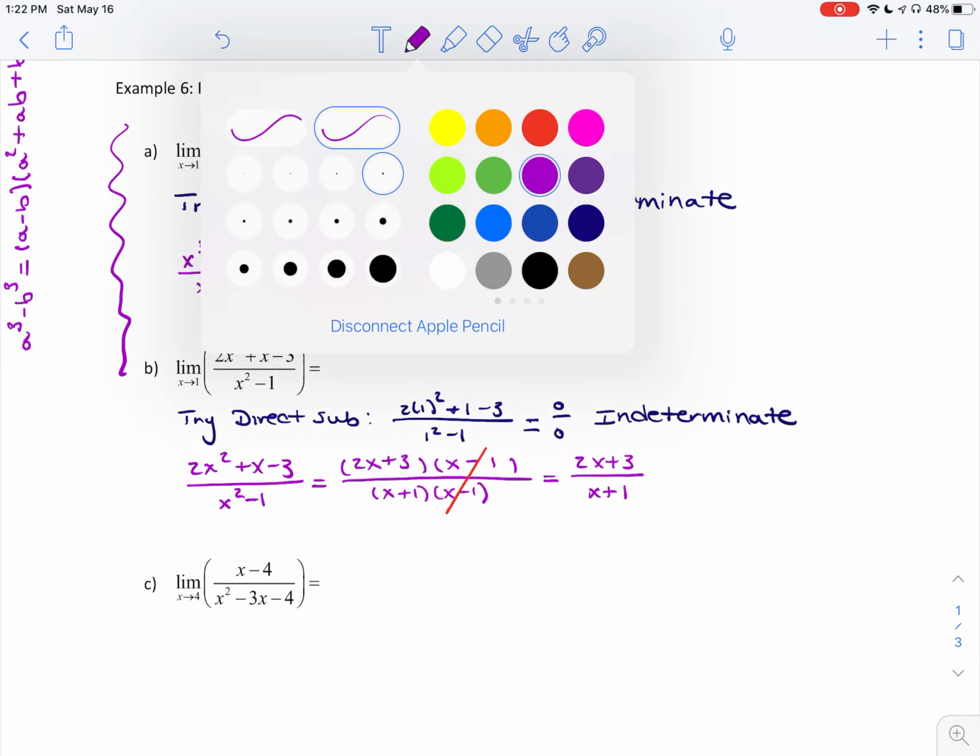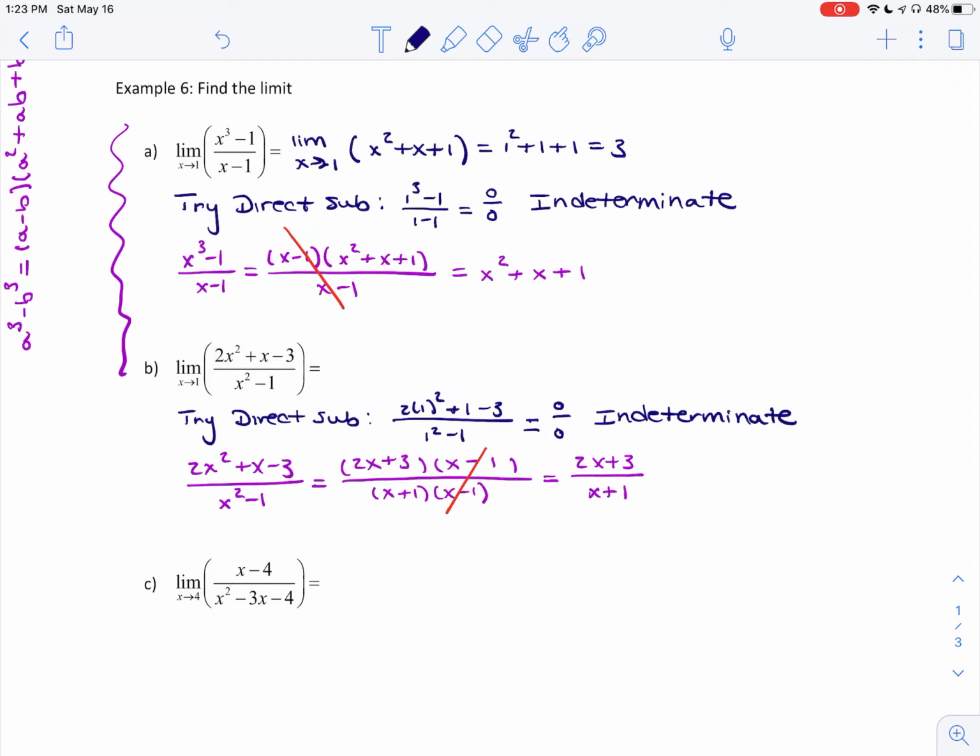Now our original limit is equal to the limit as x approaches 1 of this simplified function, 2x plus 3 over x plus 1. And then we can just use direct substitution. So 2 times 1 plus 3 all over 1 plus 1, which will just give us 5 over 2.